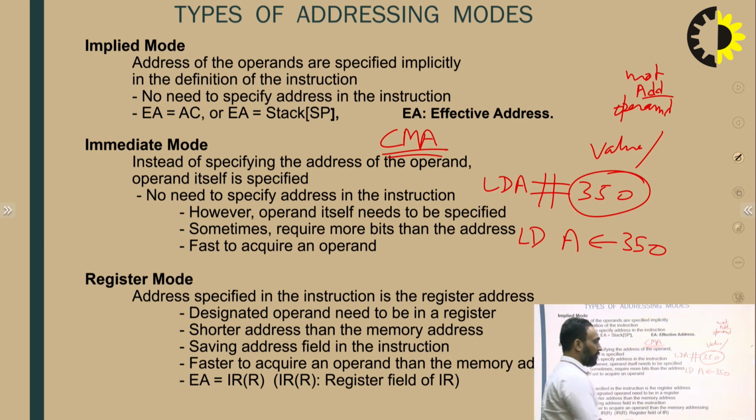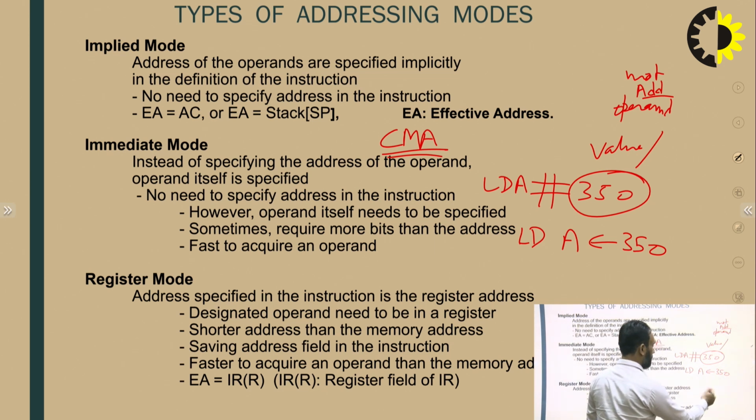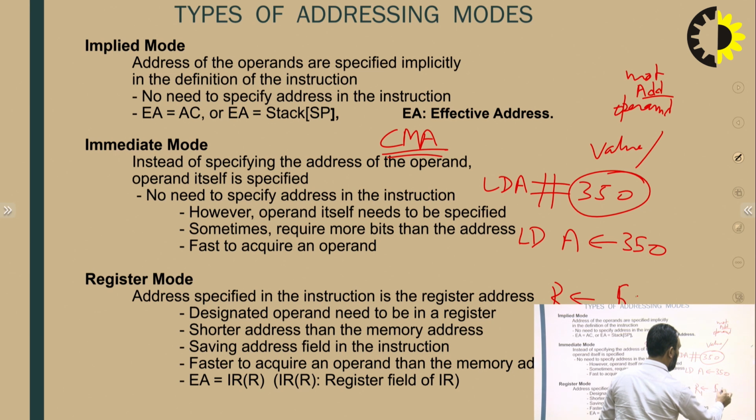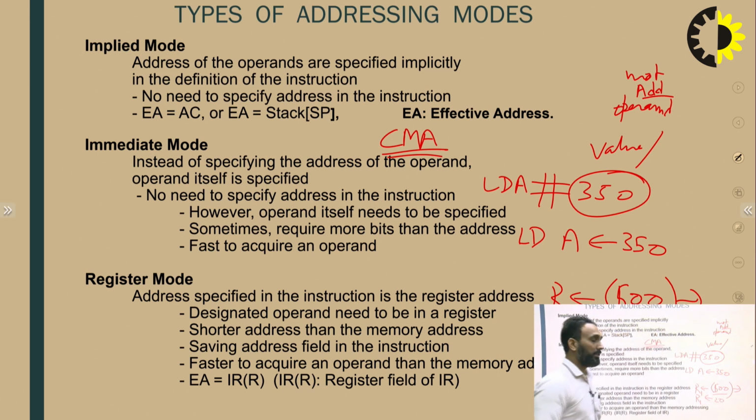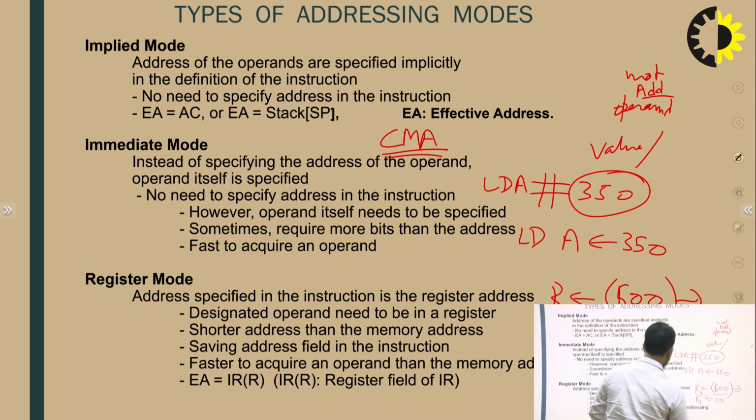Likewise, in register mode, we study register mode in different numericals or in different methods. For example, R1 stores the value of, if we talk about say 500, that is the effective address. So R1 will store the value that is stored at 500, it may be 20. Or if we talk about indirect register mode, that is the next one.